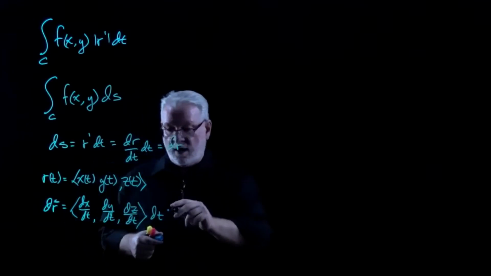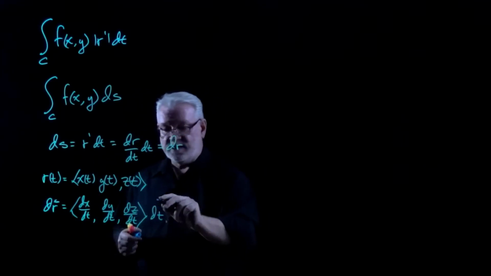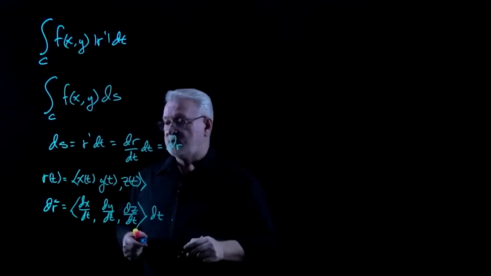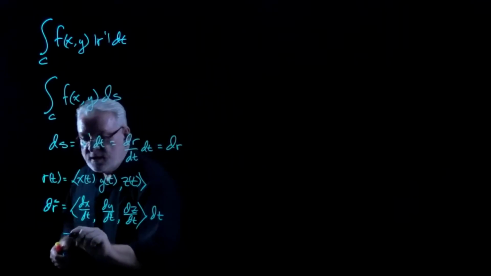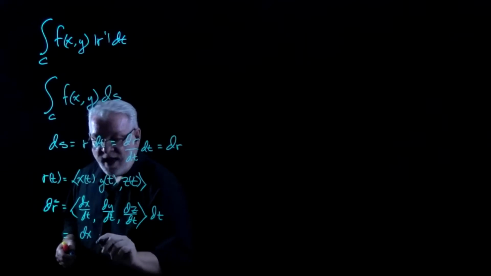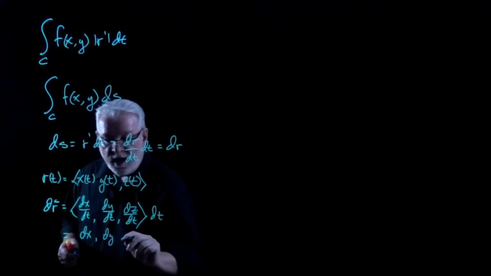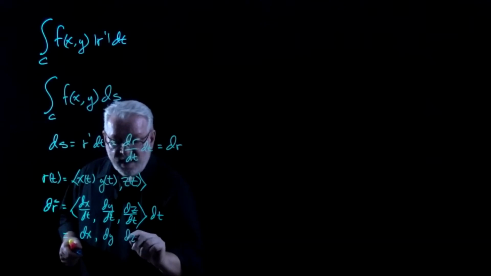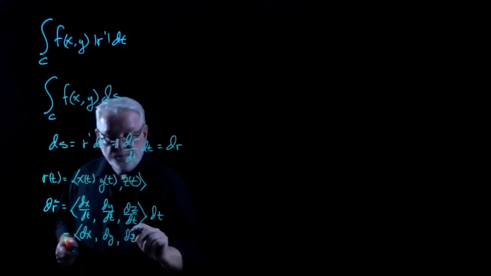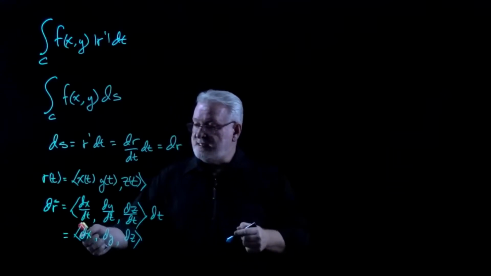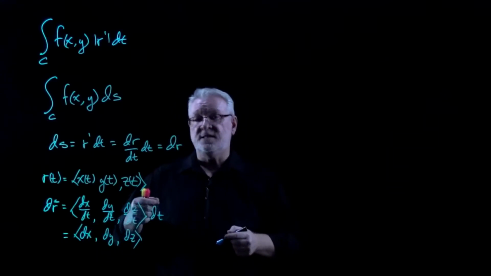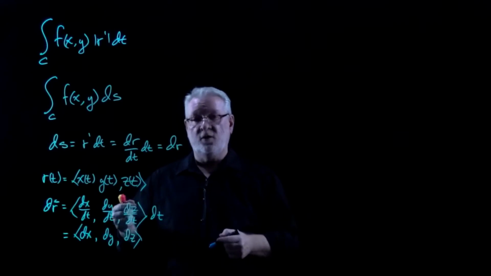And you'll notice now that if I multiply this inside, this is a scalar quantity times the vector dx dt, dy dt, dz dt. What it's going to produce is just these dx, dy, and dz differentials. And so that's how we could go about doing it. That is, dx, dy, and dz is just a different vector path of integration.